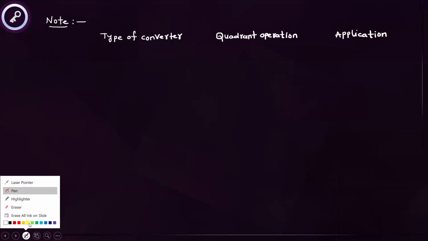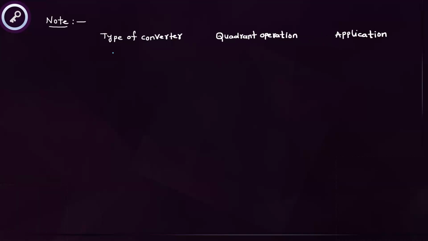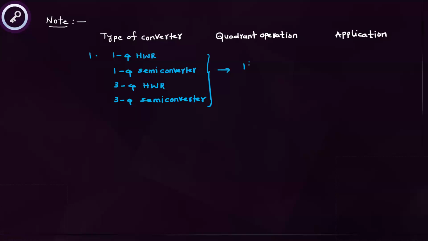We know that single phase half wave rectifier, single phase semi converter, three phase half wave rectifier, three phase semi converter, all these converters operate in the first quadrant.